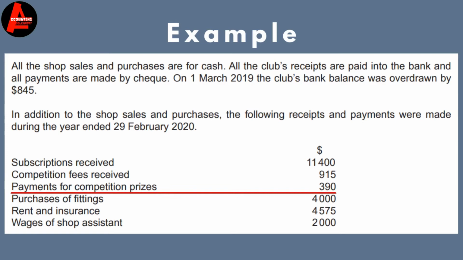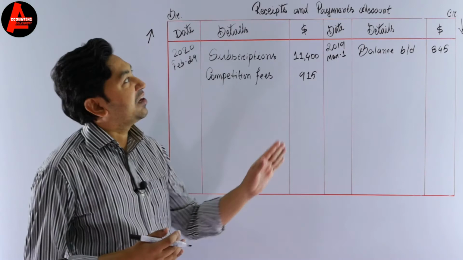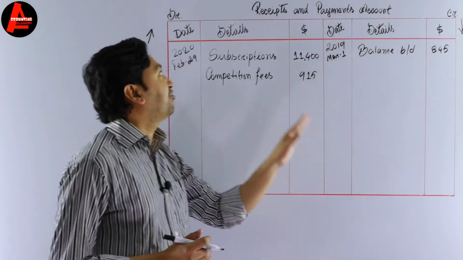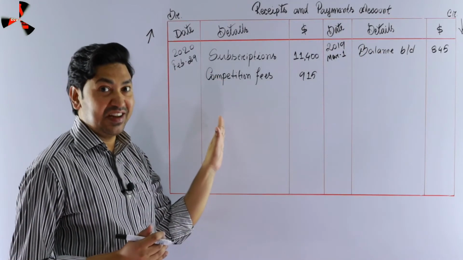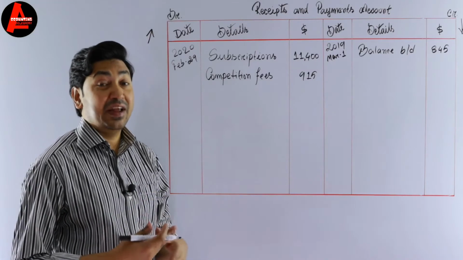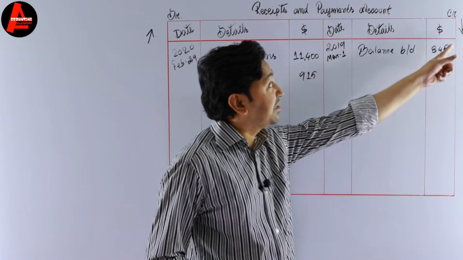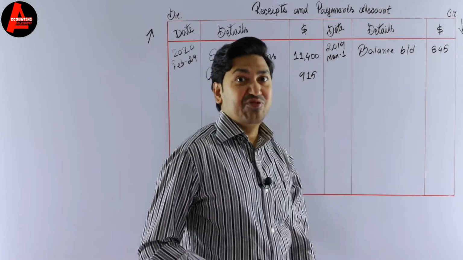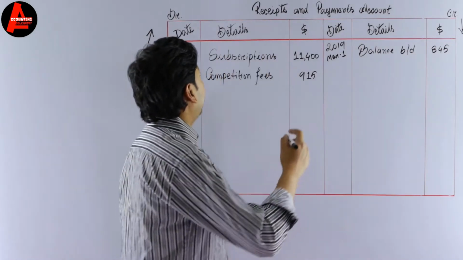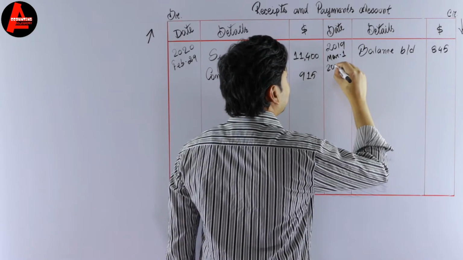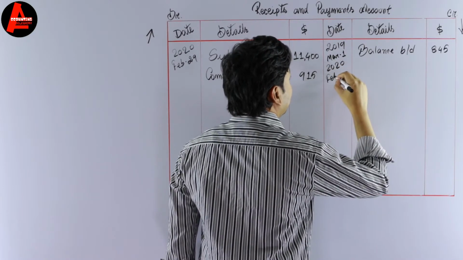Payment for competition prizes, $390. It is a payment, so payment will be included on this side, while receipts will be included on the other side. When the club makes a payment, the balance in the bank will be decreased, so decreasing will be recorded on the credit side. Let us write the date first, 2020 February 29.